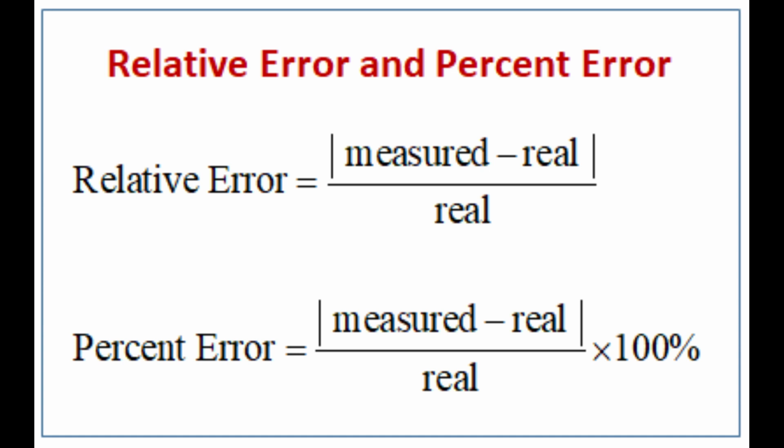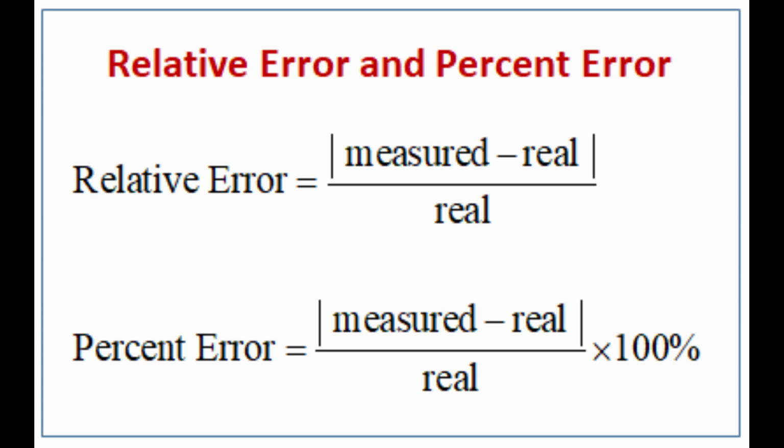Okay, now we come to the relative error. That is the second type of error, and it is basically the quotient of the absolute error, that is, the absolute of true value minus approximated value, divided by the actual or true value.